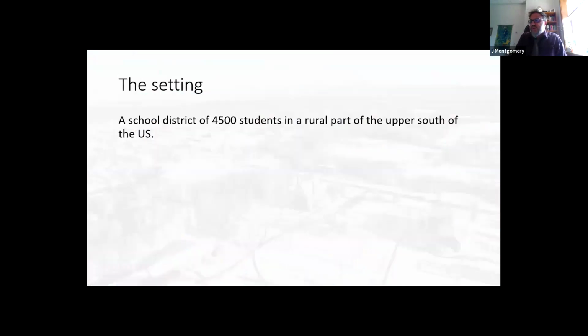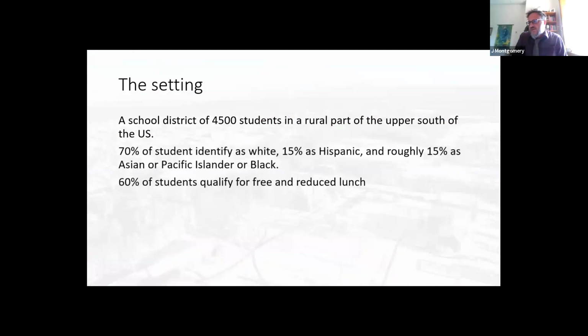So the setting for this work was a school district of about 4,500 students in a rural part of the upper south of the United States. 70% of the students identify as white, so it's a little bit diverse, fairly reflective of the region.